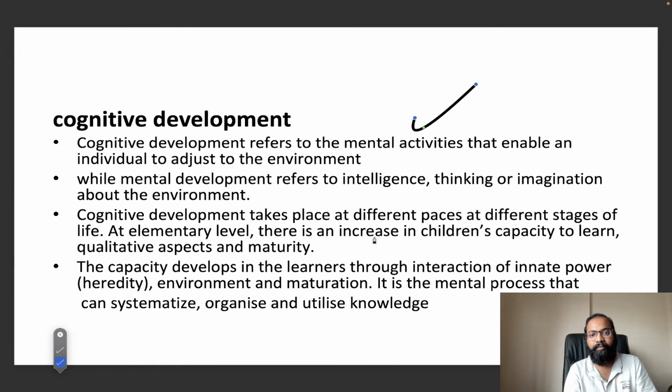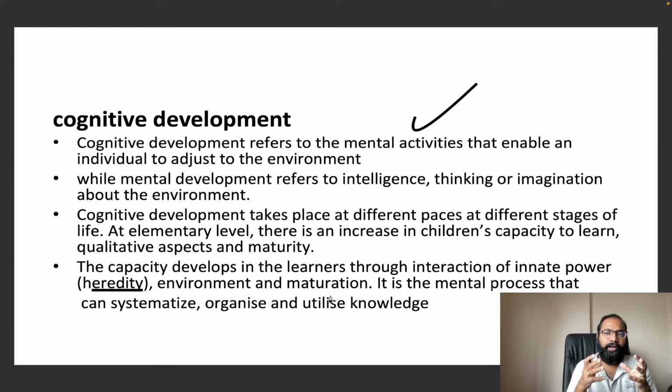And cognitive development takes place in different phases. Like at the elementary level, there is an increase in the children's capacity to learn, qualitative aspects as well as maturity. And the capacity develops in the learners through the interaction of innate power, meaning heredity, environment and maturation.